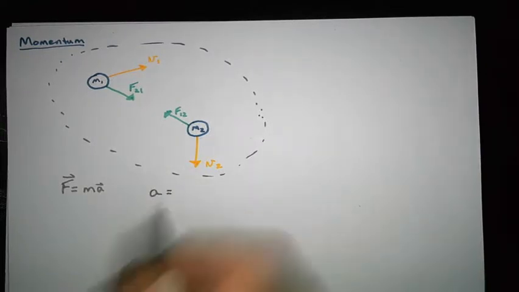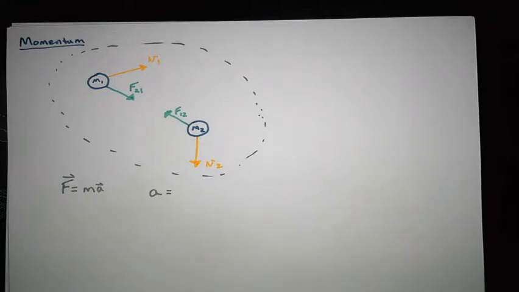Acceleration is really equal to what? Mass times gravity? No. How do we come across acceleration? Acceleration is in units of meters per second squared. How do we define acceleration?